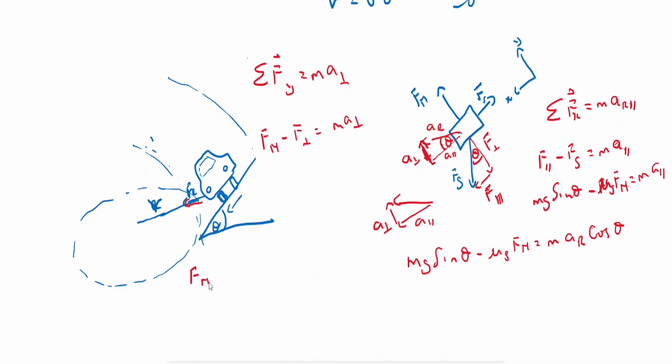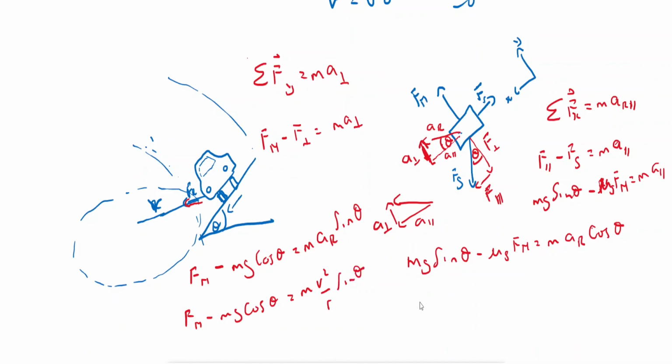All right, so I'm going to write this down. Fn is Fn, I don't know what Fn is. This one is going to be mg cos of theta, and this one is going to be M A_R, and A_R is going to be sine of theta. Now remember that A_R, you could substitute. You could say Fn minus mg cos of theta is equal to M, and then V squared over R sine of theta.